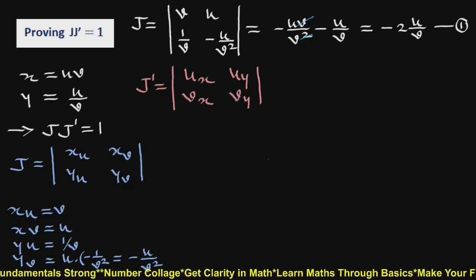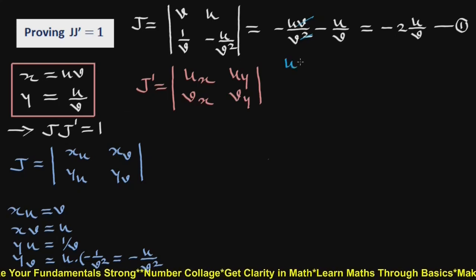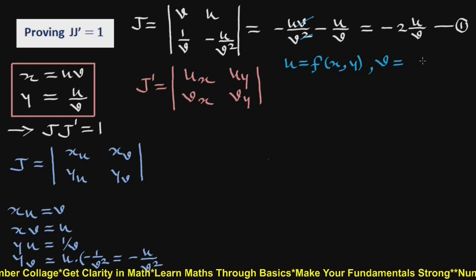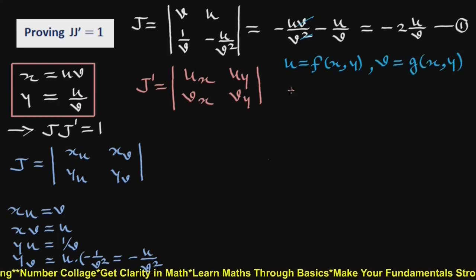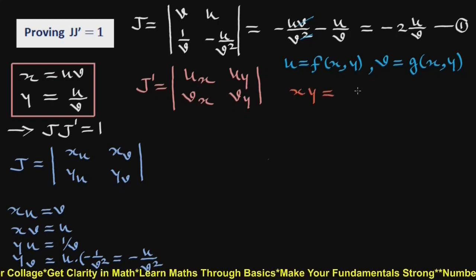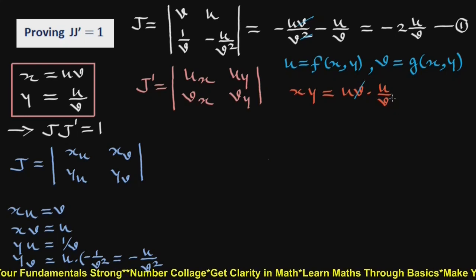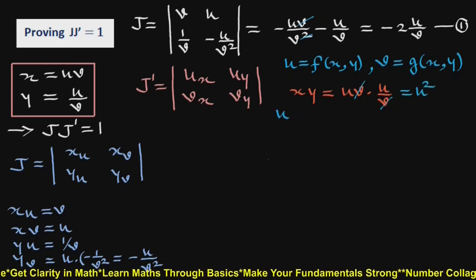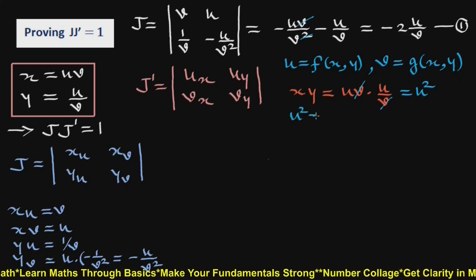Therefore, we first have to express these given things as u as a function of x,y and v a function of x,y. For that, we take product xy, that will be uv into u upon v. Cancelling v, we get xy equals u square, or u as a function of x,y, that we write u square equals xy.